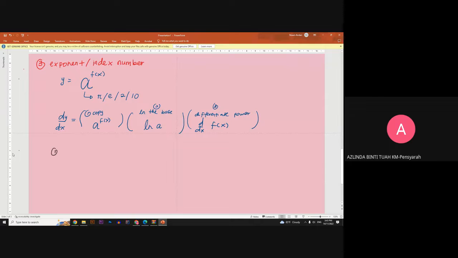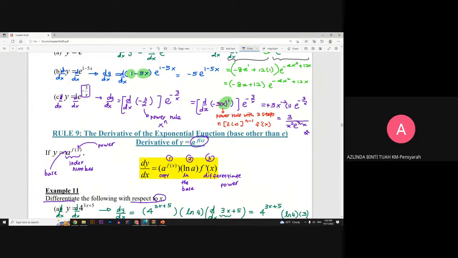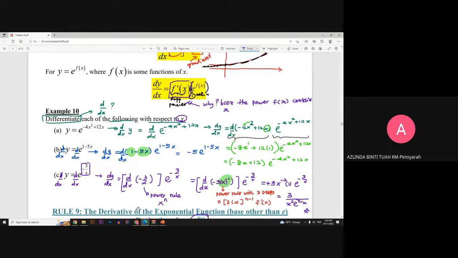Okay, for the first example, if I have y equals e to the power of x squared, then dy/dx, if we follow these three steps, copy back, ln the base, and differentiate the power. As you can see here, we get 2x e power of x squared. It seems like it only did the two steps introduced in the second yellow box.